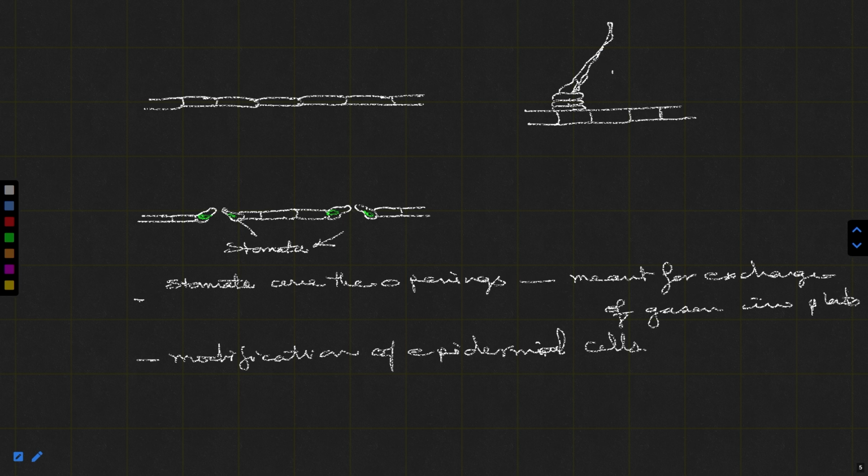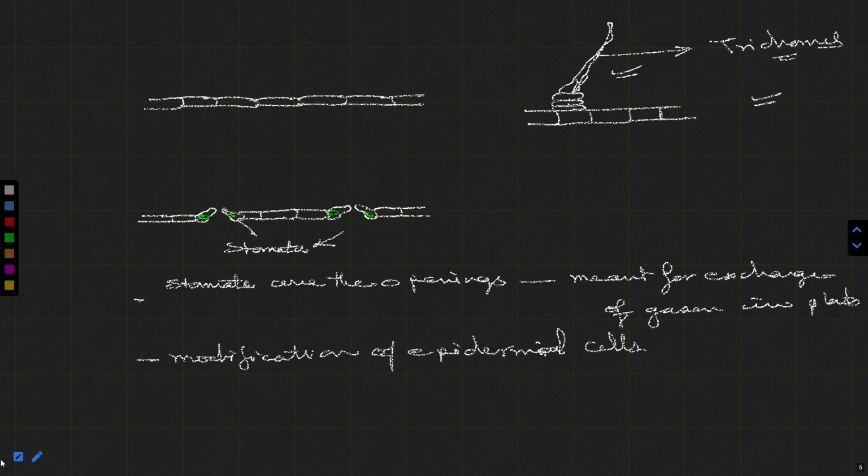These are trichomes. Trichomes are multicellular structures. Sometimes they are just hair-like structures, and sometimes they are glandular also, secretory in function. So these are the modification of the epidermal tissue.